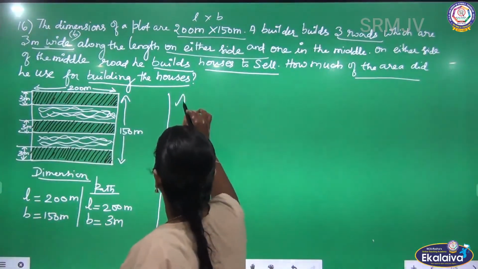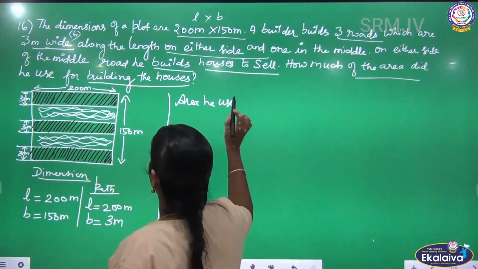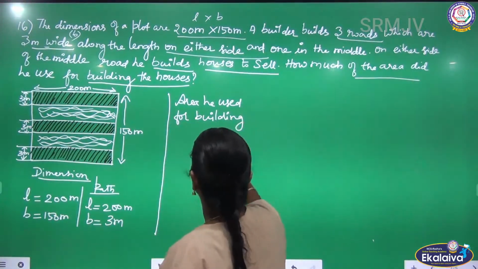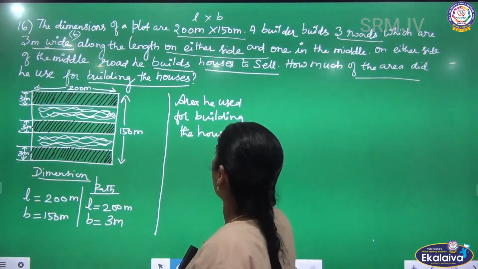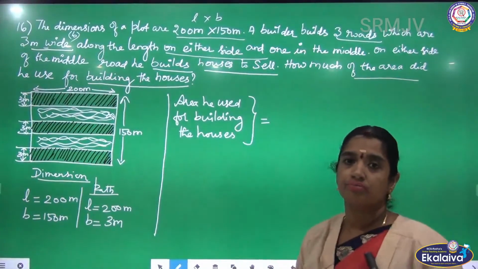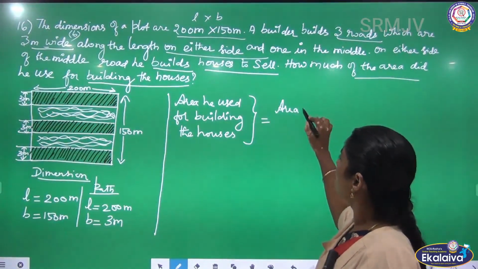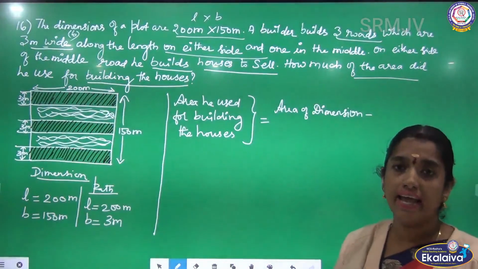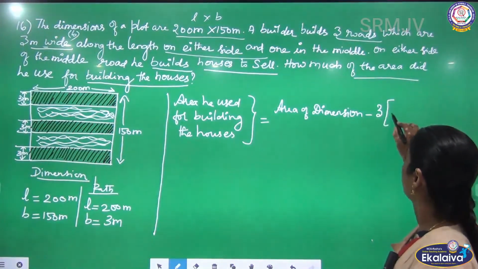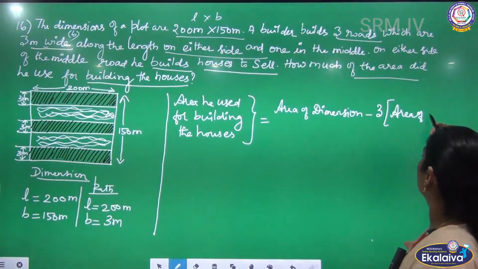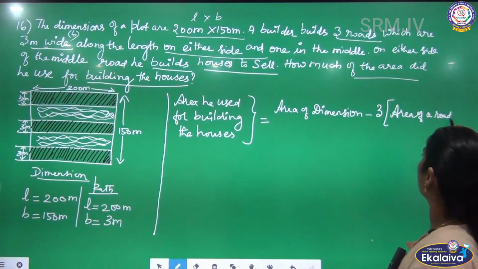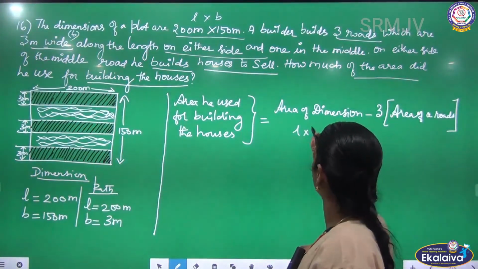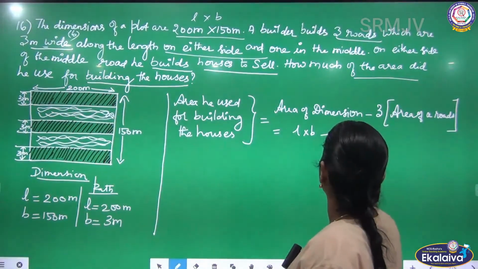Area used for building the houses is equal to area of dimension minus, how many roads are there? 3 roads are there. So 3 into area of a road.